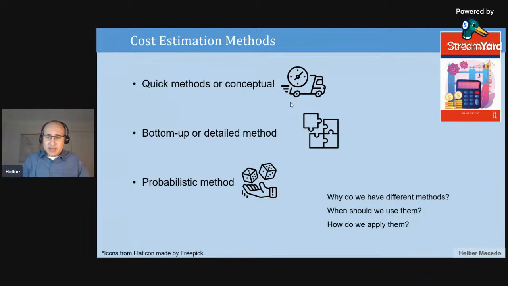And finally, we will discuss the probabilistic method, when you calculate a lot of scenarios. You consider uncertainties and risks, and you could run thousands of possible scenarios.